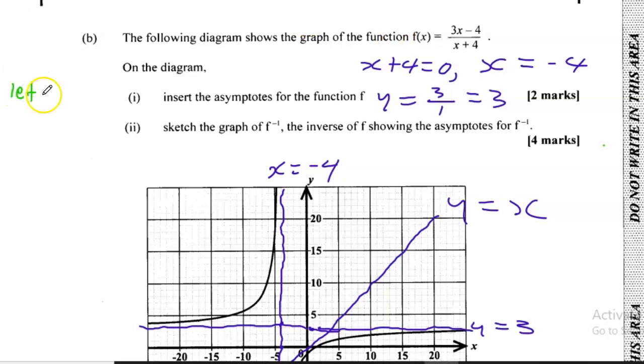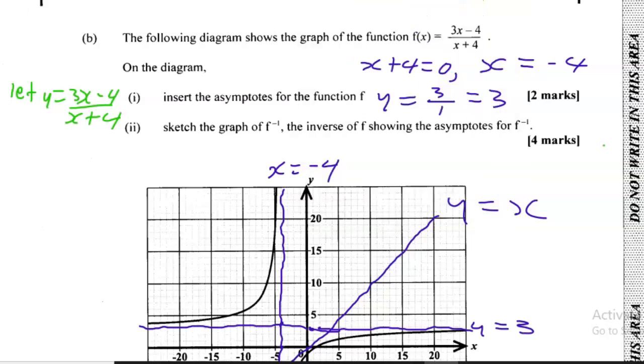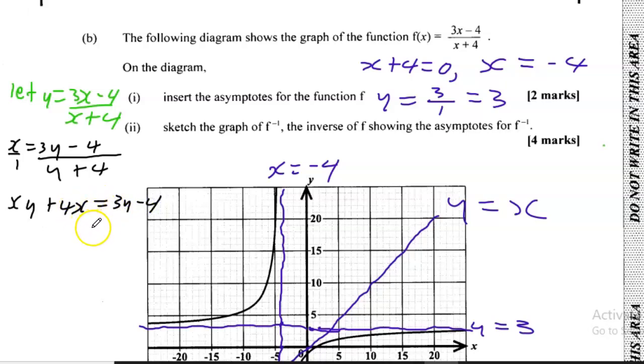So we can let y be equal to (3x minus 4) upon (x plus 4). Interchange x and y, we get x equal to (3y minus 4) upon (y plus 4). And of course we solve for y. So we end up with xy plus 4x is equal to 3y minus 4.